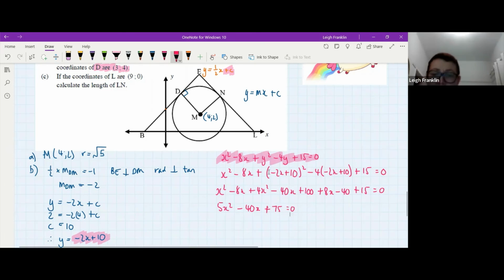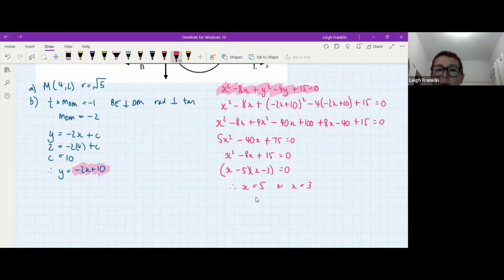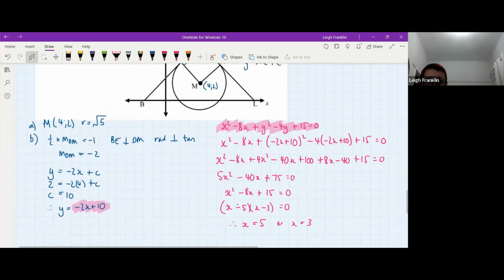So we could use the quadratic formula or divide through by 5. That would leave us with x squared minus 8x plus 15 is equal to 0. And now when we factorize, x minus 5 times x minus 3 is 0. And therefore x is 5 or x is 3.